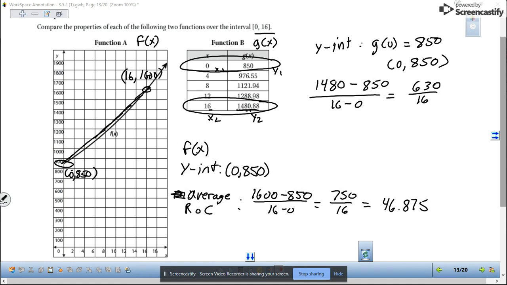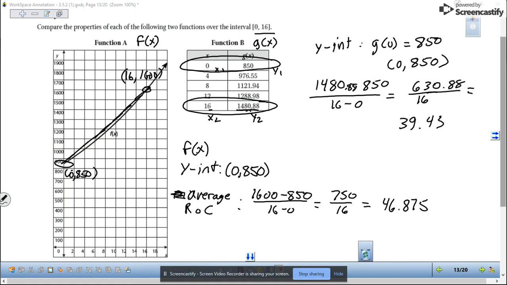I rounded this, it should be 630.88. That's going to equal 39.43. So how do we compare those?